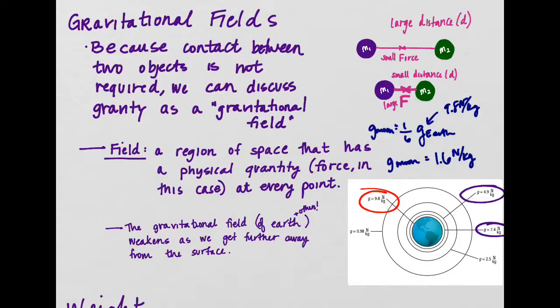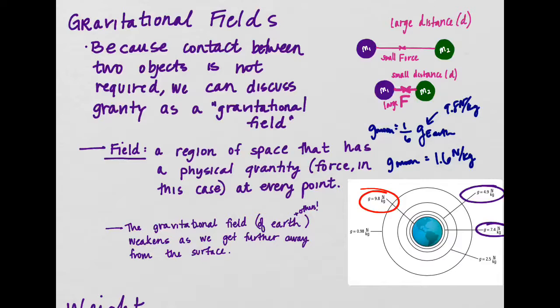So on the moon, the strength of gravity on the surface of the moon is much less than the strength of gravity on the surface of the Earth. And the reason for that is because the moon has much less mass than the Earth. The moon is a lot smaller. I'm drawing, this is supposed to be the moon. That's not a great diagram, but you get the point.